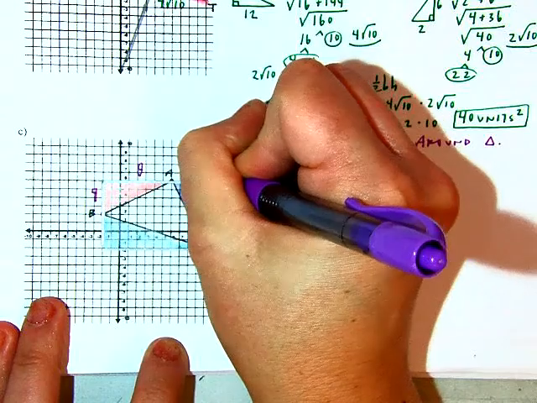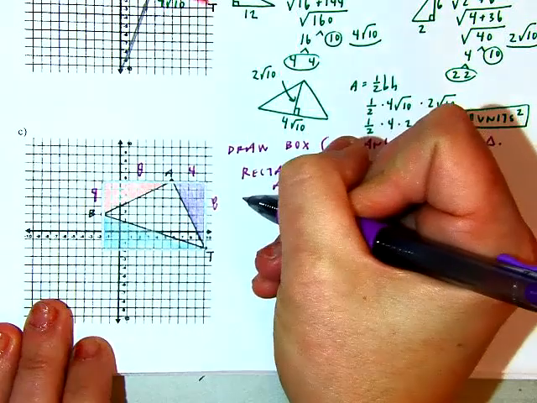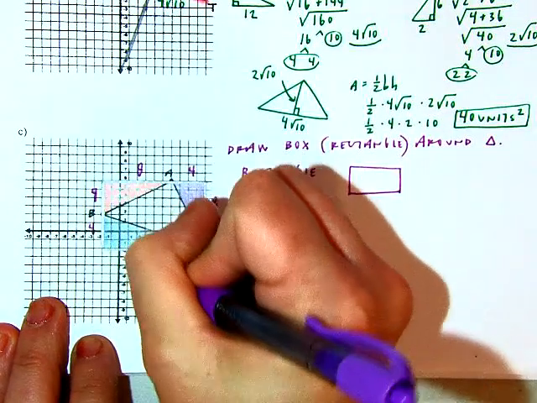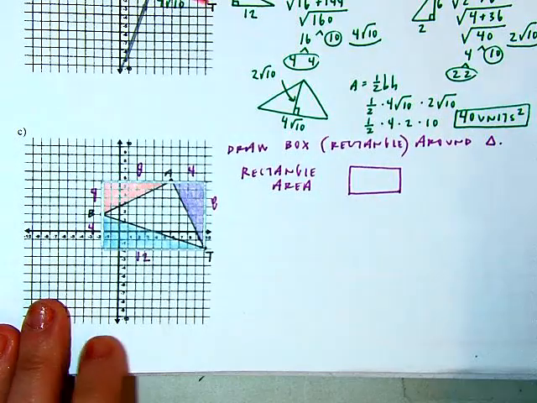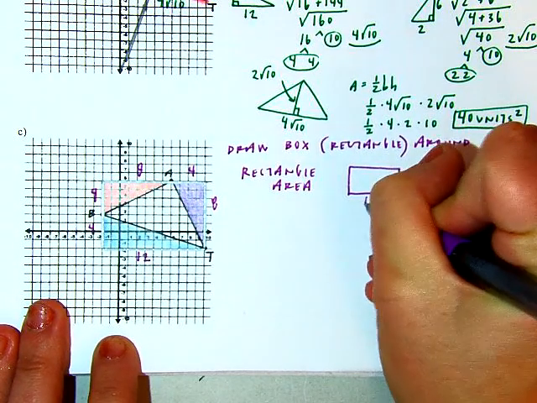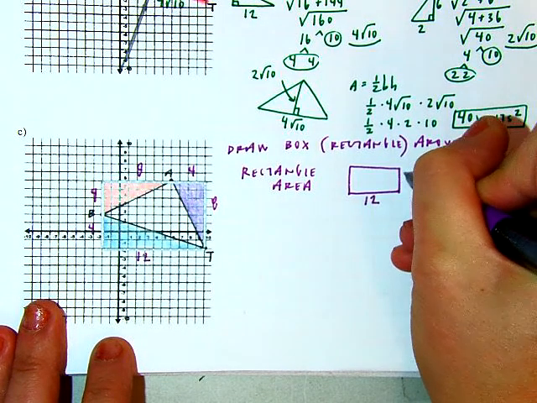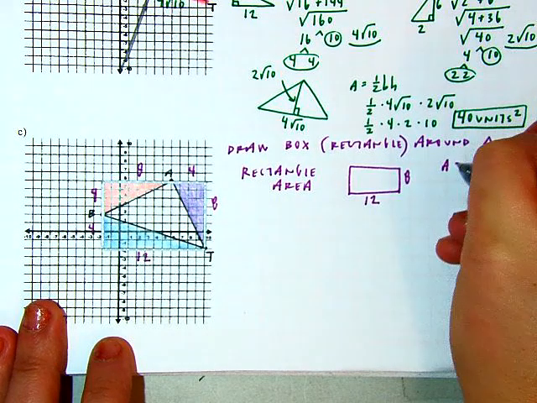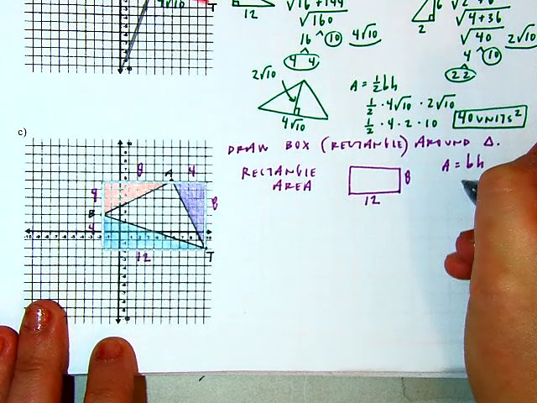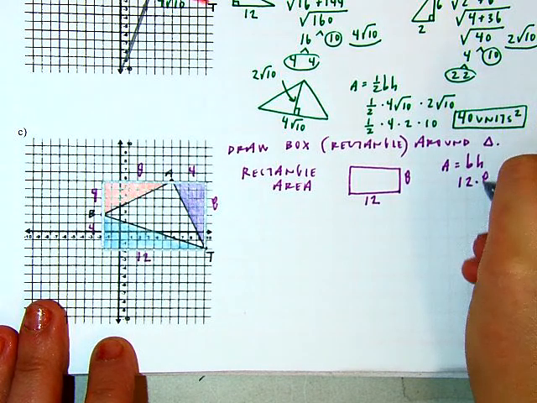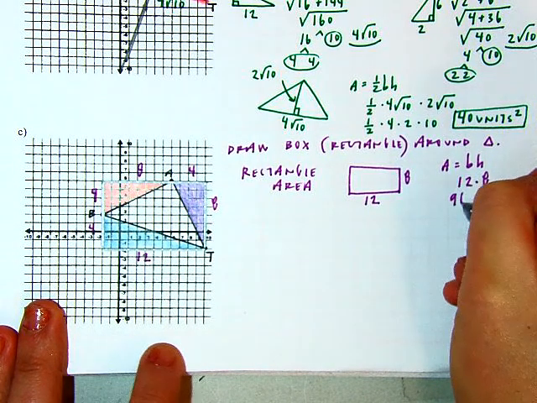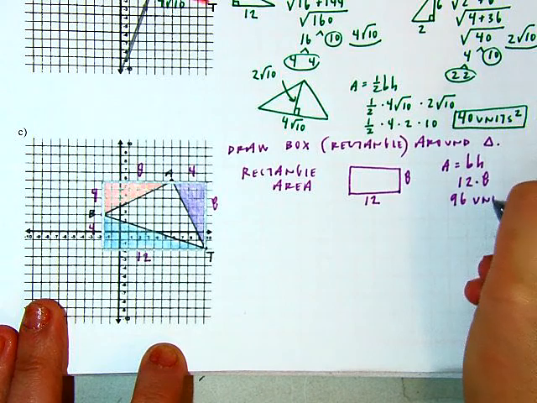Here is 4 and 8. Here is 4 and 12. So my rectangle is really a base of 12 and a height of 8. So I know that area is base times height. So I'm saying, well, what's 12 times 8? And we know that that rectangle is 96 square units.